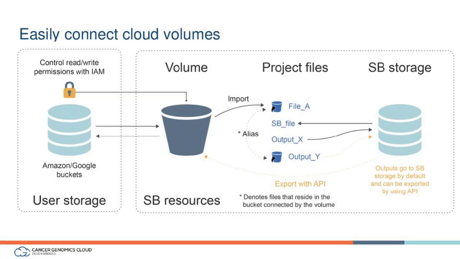And what this is, the account on AWS or GCP, you can actually set up a certain type of user management to give read and write permissions to the platform, and then have those files appear as if they're natively in your project. But what's actually happening is it's a linking back to the original cloud storage, and the data never actually gets moved until the last moment when you do run some analysis on that particular file.